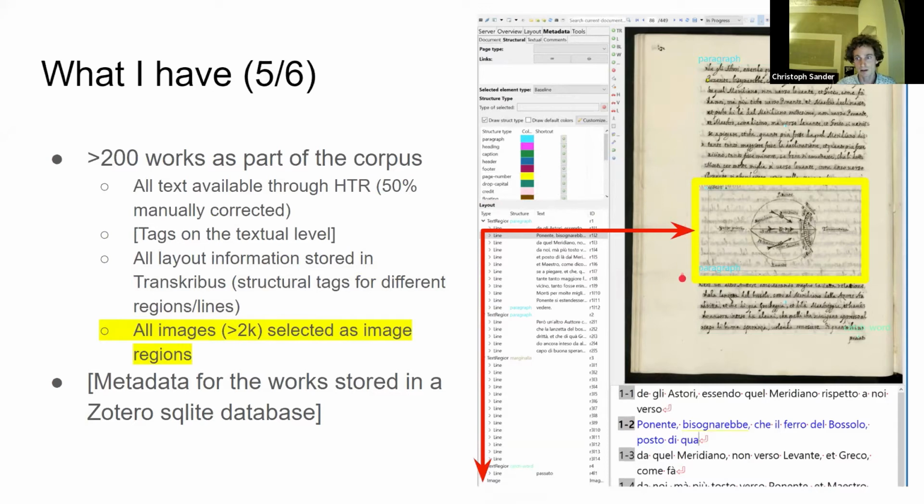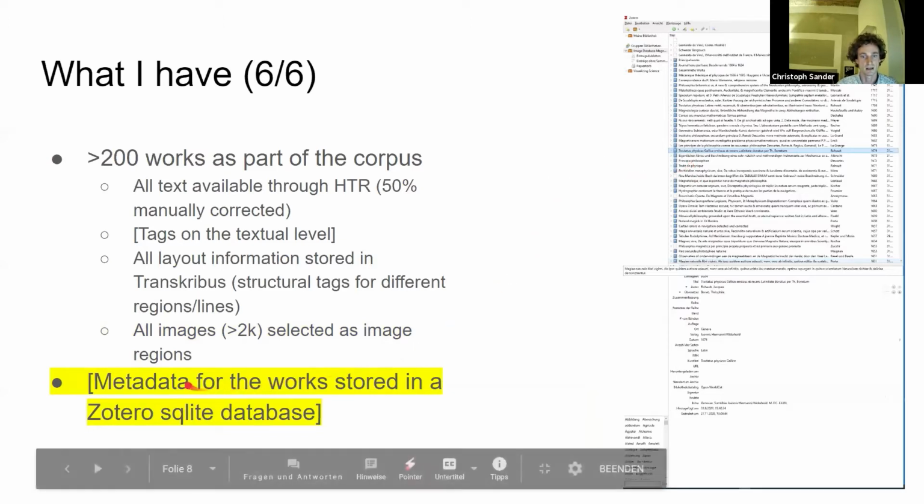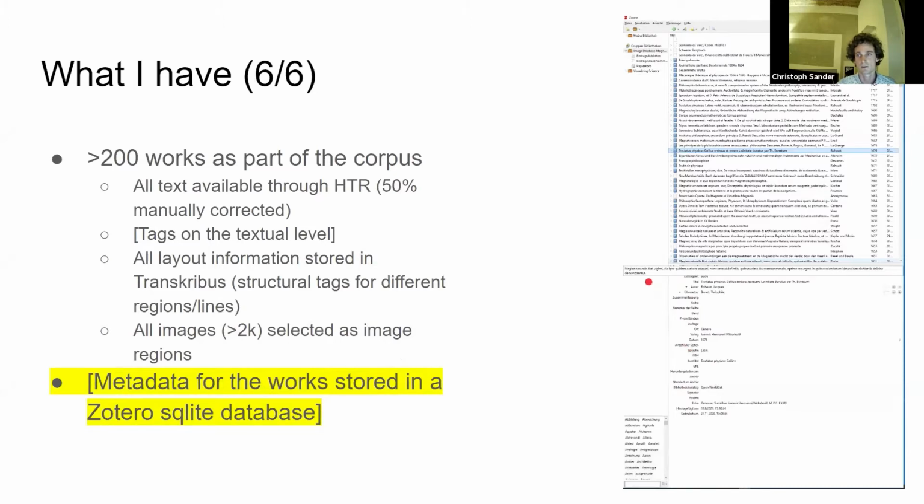So you just mark an area like here and say that this is an image, and this has been done. And also, this is not important, but just so you know, all the bibliographical metadata for all these books is not stored in Transkribus or somewhere else, but in a SQLite database run through Zotero.